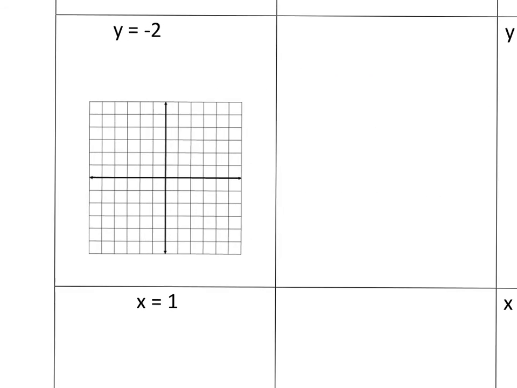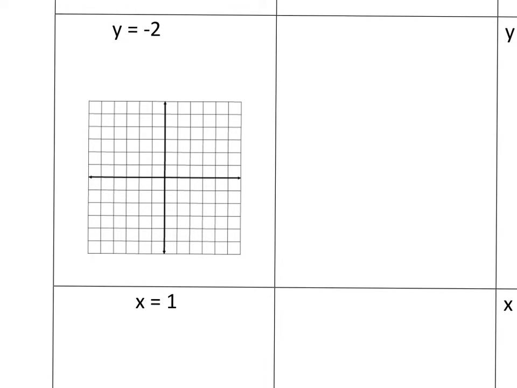Okay, so if I look at this one, y equals -2, what I'm missing is my m and my x. If I think about this, it's actually saying that there are 0 x's minus 2. So I'm putting it in y equals mx plus b form. My slope is going to be 0, and my starting point is going to be -2.